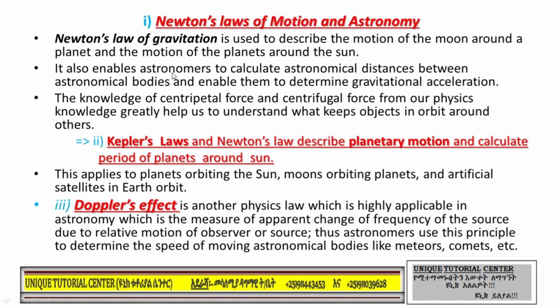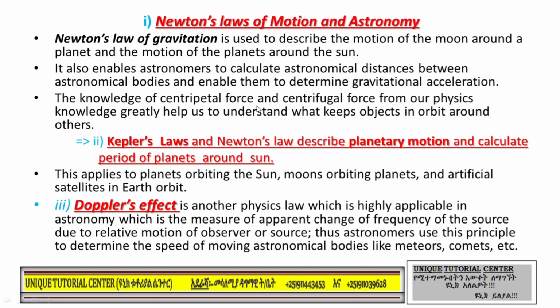It also enables astronomers to calculate astronomical distances between astronomical bodies and to determine gravitational acceleration at different locations. So how do we know? You have to apply Newton's universal law of gravitation. So those laws are concepts of physics and they are very important in astronomy.